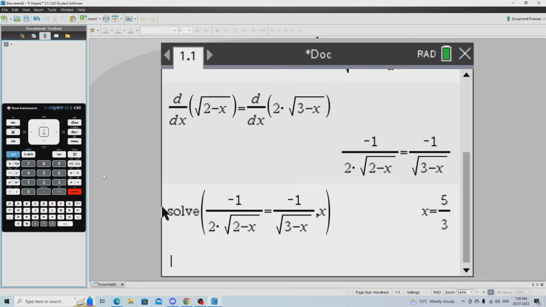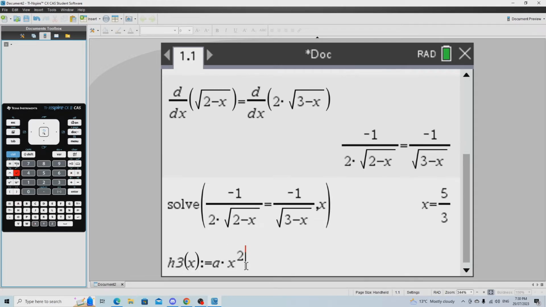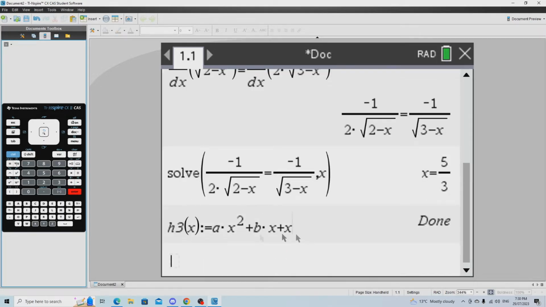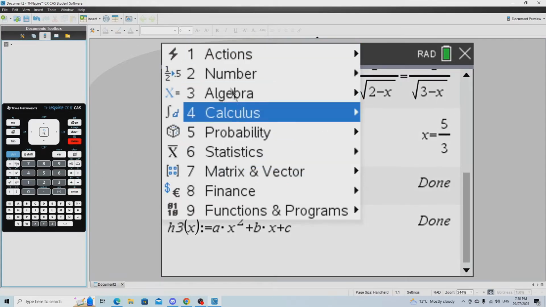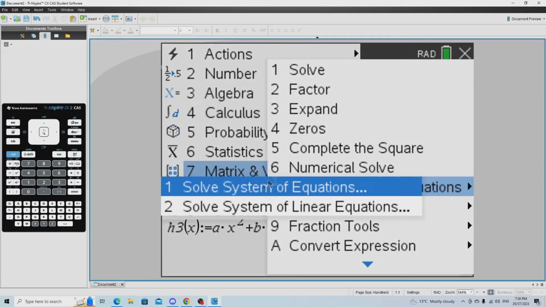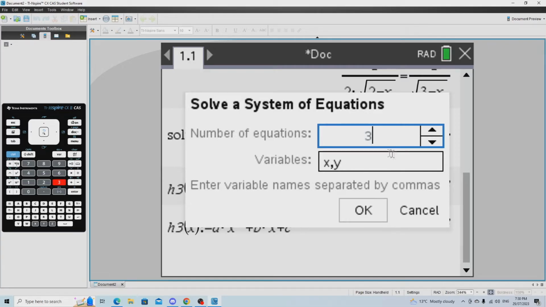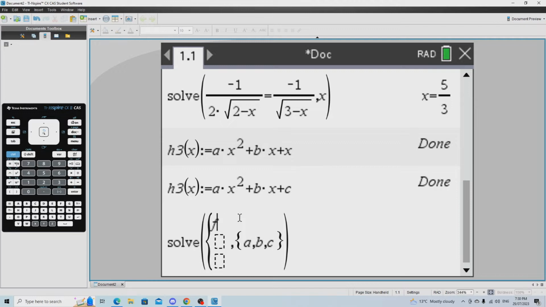So what we're saying is, if we define a function h3 of x as a times x squared plus b times x plus c, what we want to do is go to algebra, solve systems of equations, and we have 3 equations, and we want to solve for a, b, and c. The first one is when h3 of 2 should equal 3.